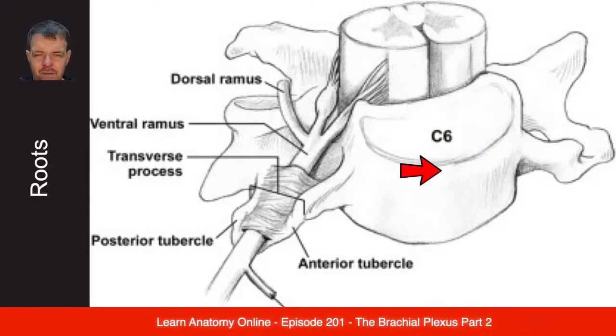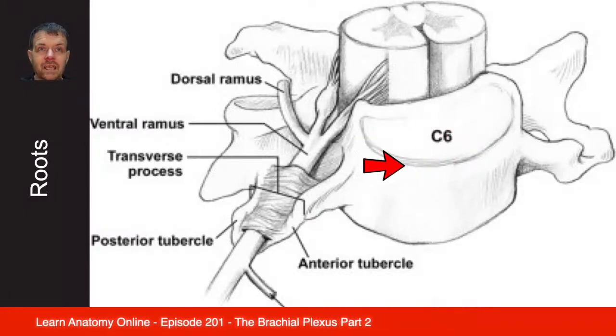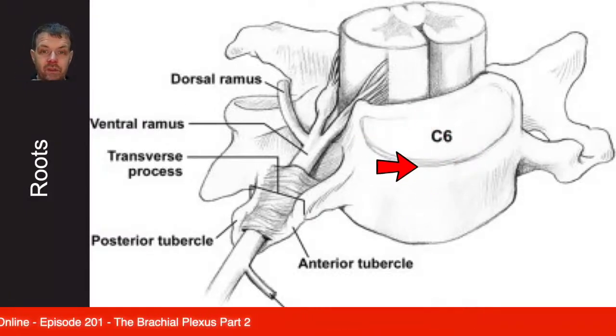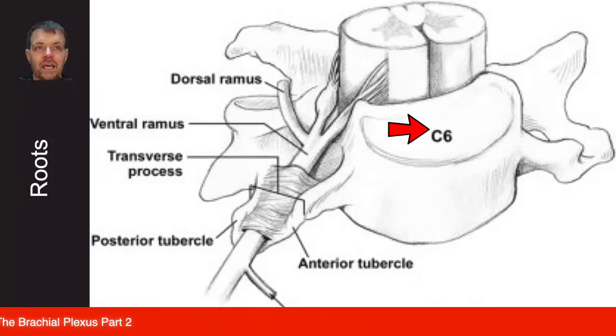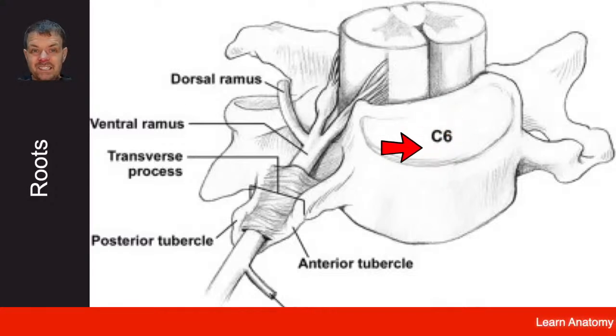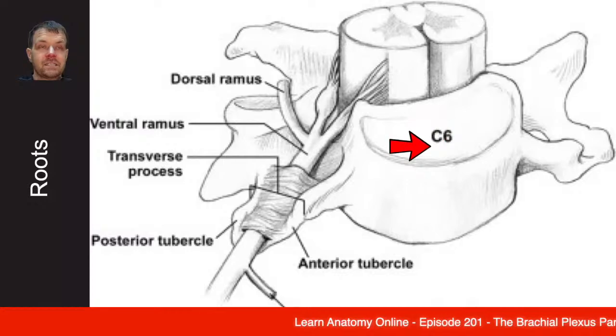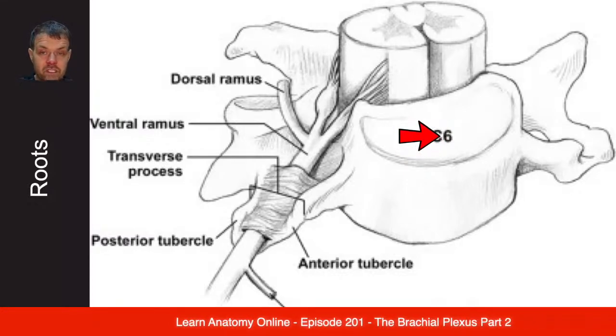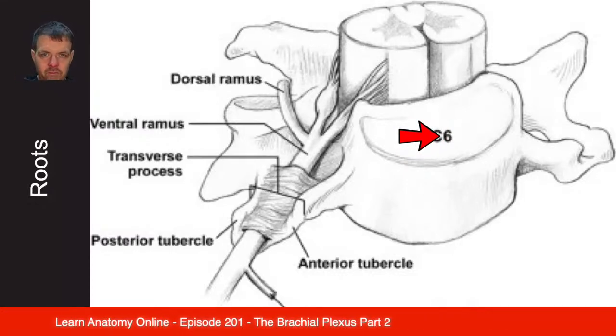This is a recap of the roots and where the origin of the brachial plexus comes from, and indeed any of the peripheral nerves. Obviously this is C6, but it would just be different for each level. C6 is cervical vertebra number 6, so they're all numbered.